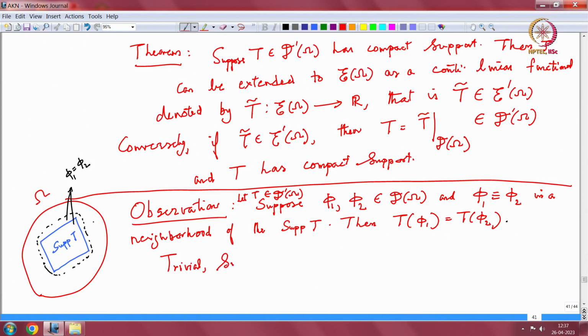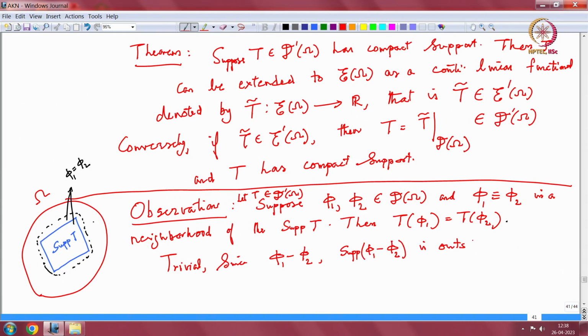Since if you consider phi 1 minus phi 2, then because phi 1 equals phi 2 in a neighborhood, the support of phi 1 minus phi 2 is outside the neighborhood.